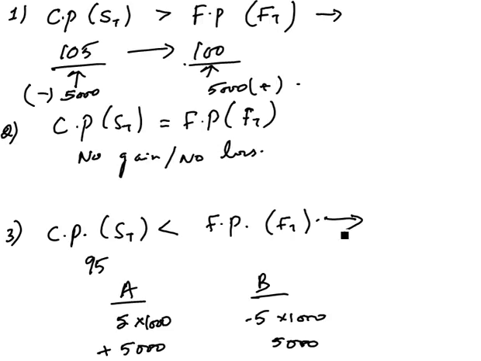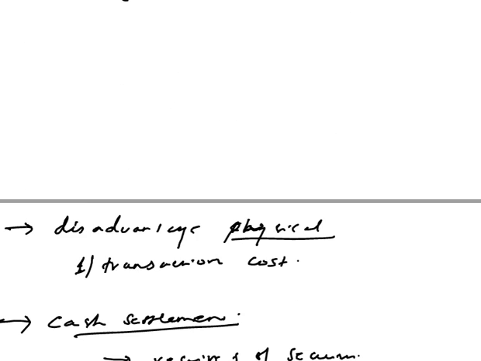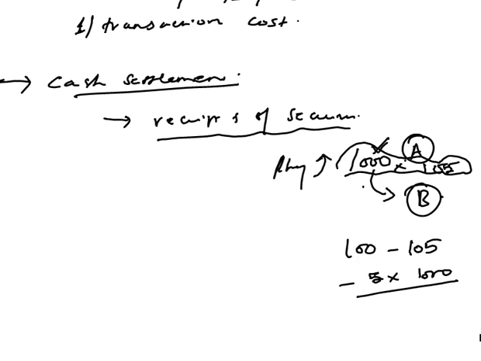Whereas in this case, the person holding the short position will gain a profit of 5,000, and the person holding the long position will have a loss of 5,000 on the expiry date. And in this case, there is no loss or no gain in cash settlement. That is one difference, because in cash settlement we only see the difference in the stock price and pay accordingly, instead of buying the underlying asset and then paying. That's what happens in physical settlement.